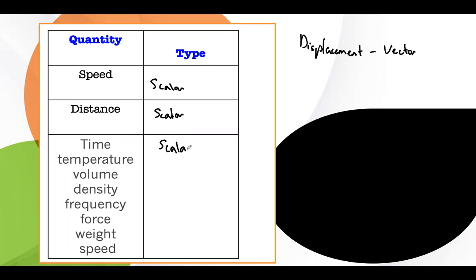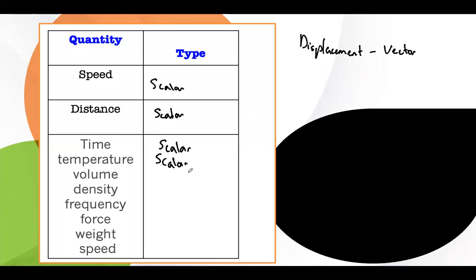Now, what about temperature? Is temperature a scalar or vector quantity? It's also a scalar. So a scalar essentially only has size, or magnitude.